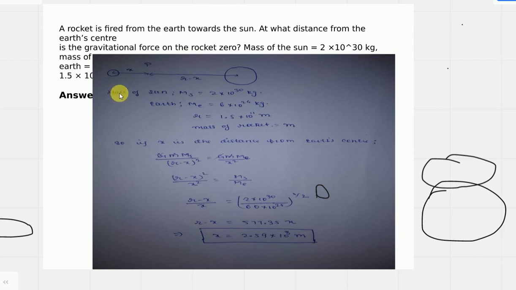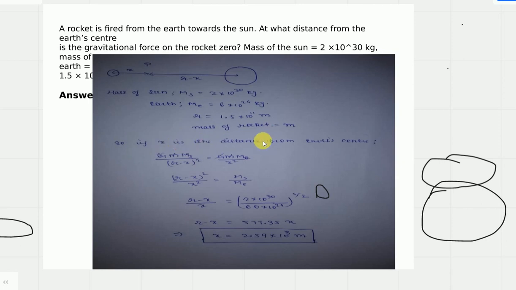So let's start. Mass of the Sun, Ms, equals 2 into 10 to the power 30 kg. Mass of Earth equals 6 into 10 to the power 24 kg. All this data is given, and r, the center to center distance from the Sun to the Earth, is 1.6 into 10 to the power 11 meter. Let the mass of the rocket be m.